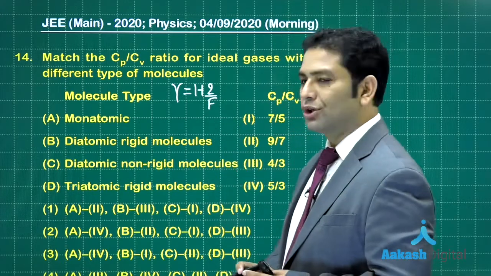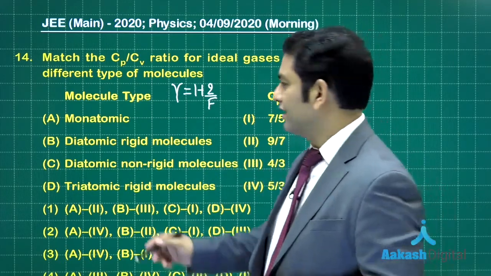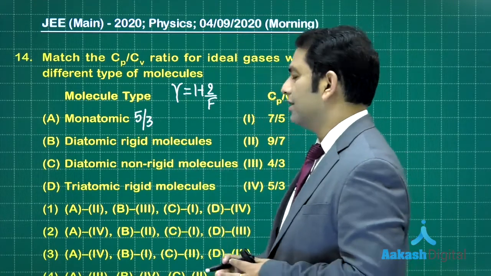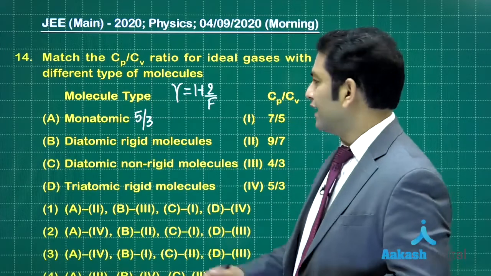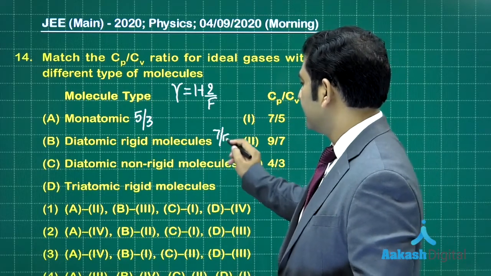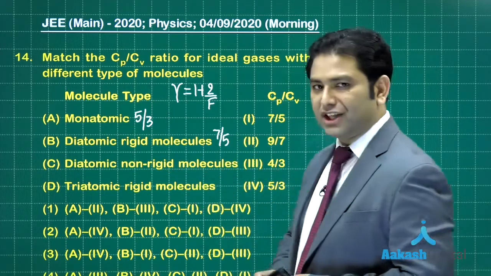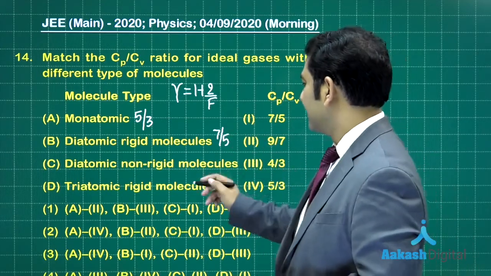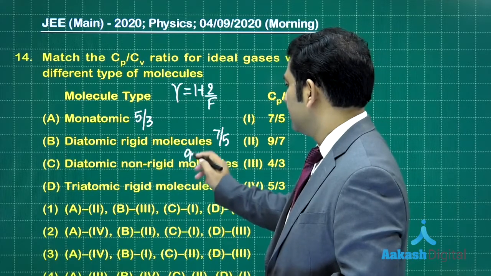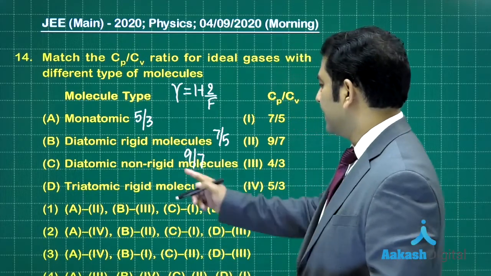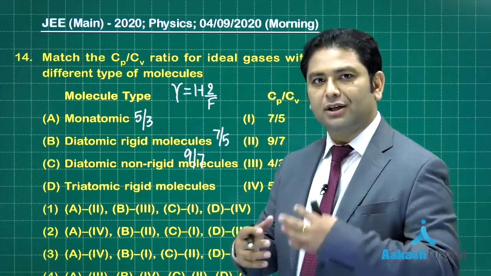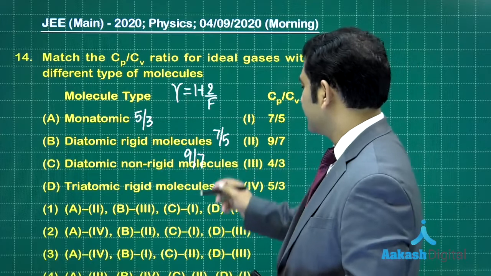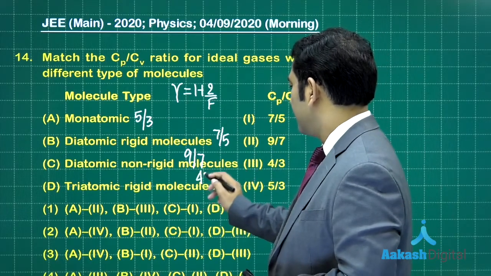If I start with monoatomic, degree of freedom is 3, so that's going to be 5 by 3. Diatomic, rigid, the degree of freedom is 5, so that's going to be 7 by 5. Non-rigid, additional 2 degrees of freedom, that leads to 7, so this is going to be 9 by 7. And triatomic, rigid, no vibration, degree of freedom 6, so that will be 1 plus 1 by 3, that's 4 by 3.